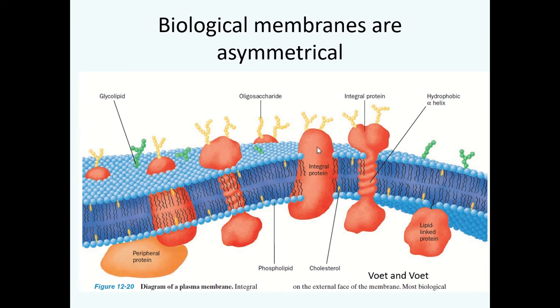So the integral proteins pass through the membrane. Since they pass through the membrane, the region of this protein which is embedded within the membrane is hydrophobic. We will study about the nature of amino acids later on. Proteins are made up of 20 different types of amino acids. Some of these amino acids are non-polar. They are hydrophobic.